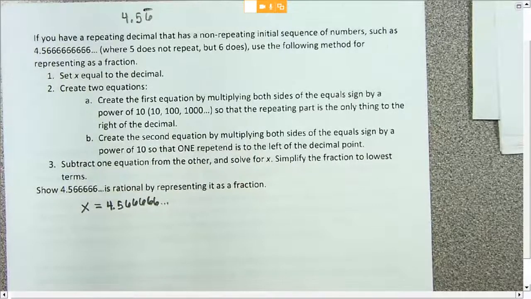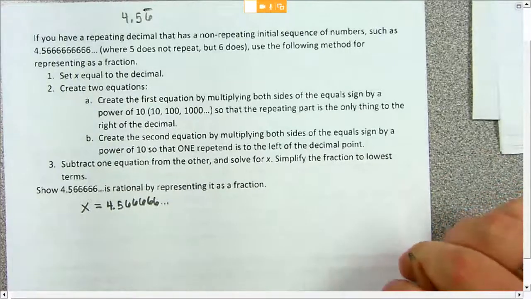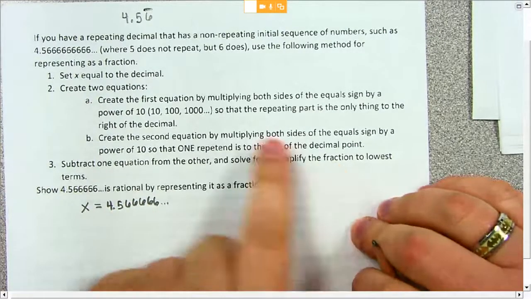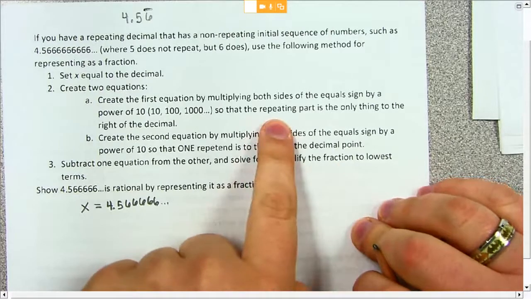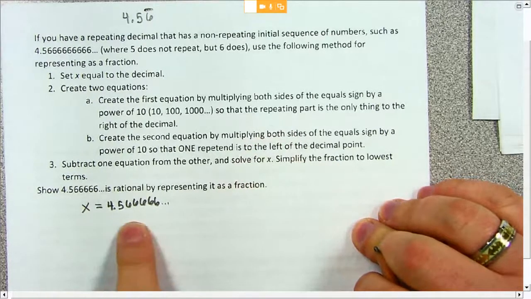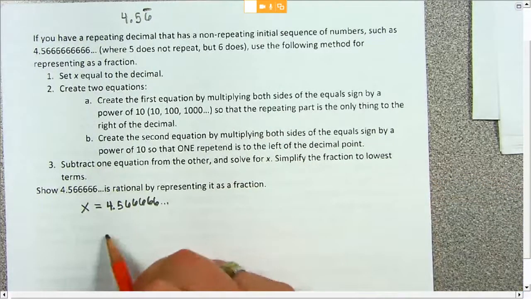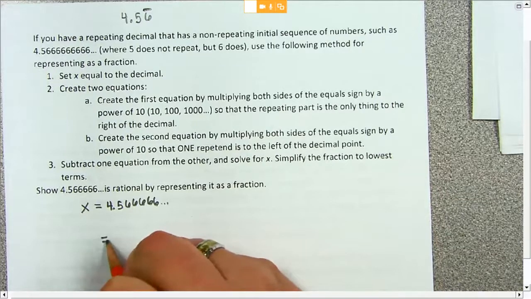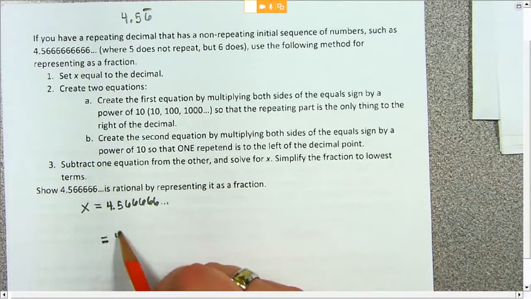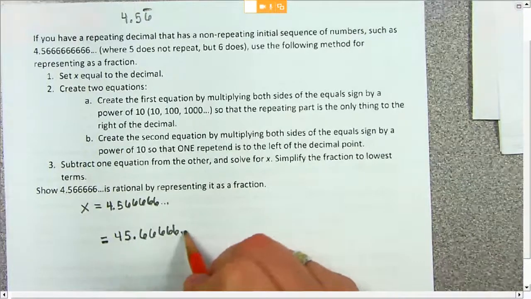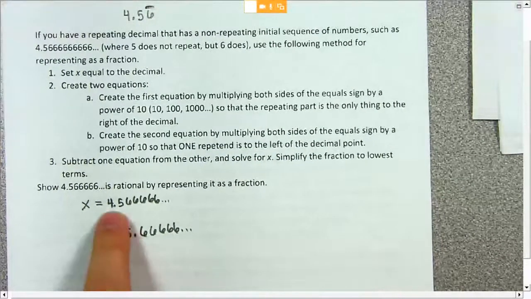All right, now, I want 2 equations. In the first equation, I want only the repeating part after the decimal, okay? So I want to use this to create 2 equations. I want just the repeating part after the decimal, 5.66666, with the part that doesn't repeat in front of the decimal.